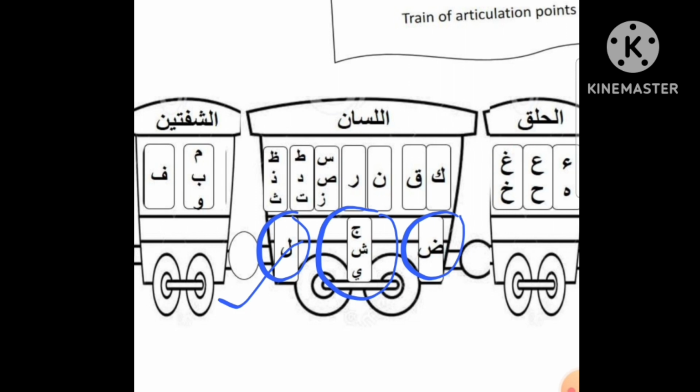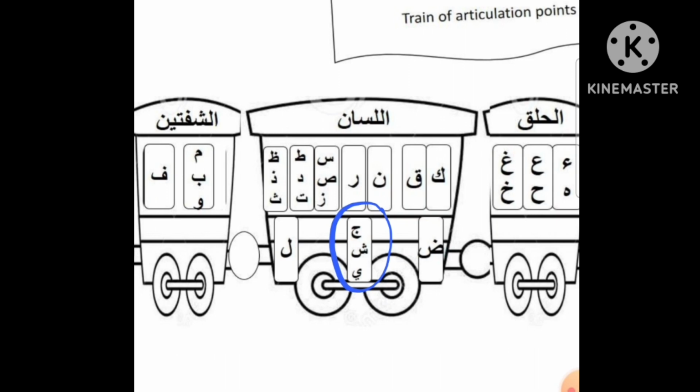Yes. Then we have the next three letters: Jeem, Sheen, Ya. When you say Aj, Ash, I, can you see that your tongue takes the shape of a hill, or you can say a small mountain?